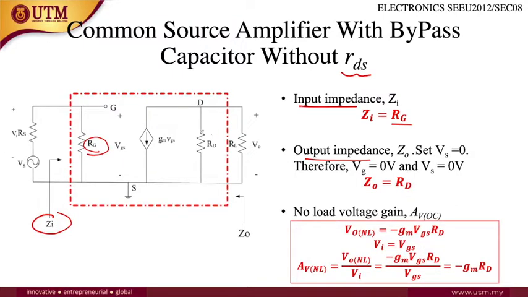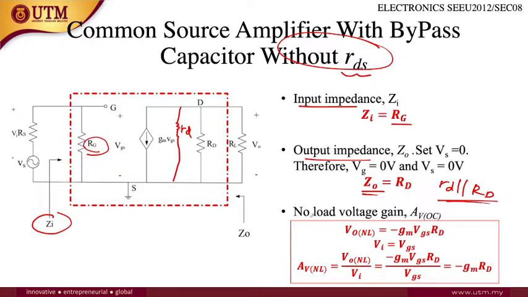But if the resistance RDS is considered, the output impedance will be RD parallel with RDS. So be careful: look whether RDS is considered or not in the circuit. It will be mentioned to you.